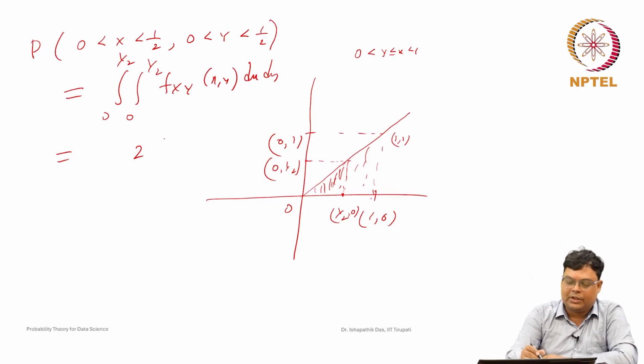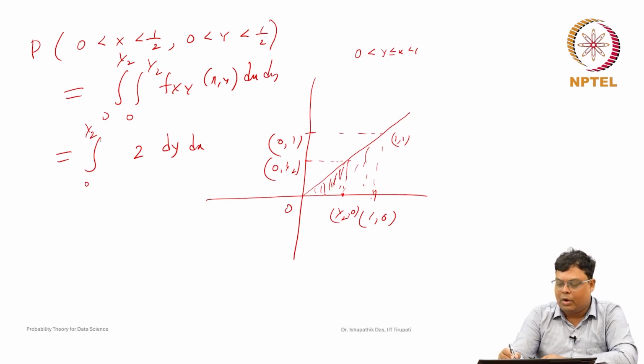Just for computation purposes, dy dx. This is equal to 2 whenever x can go from 0 to half maximum, and for particular values of x, y can take values from 0 to x.